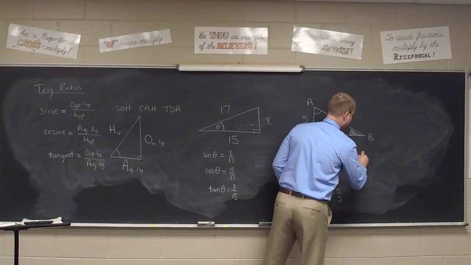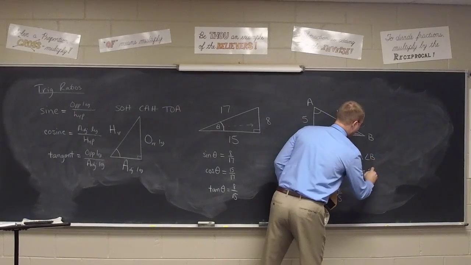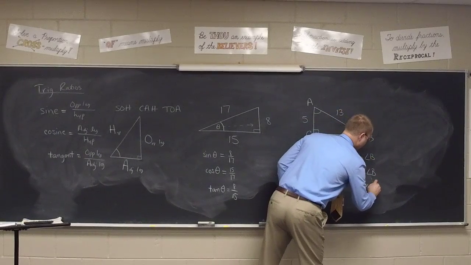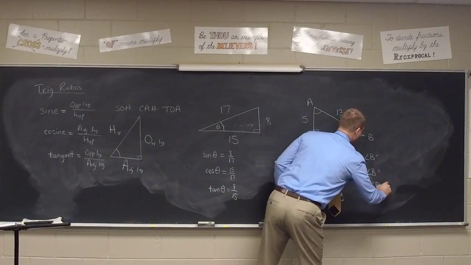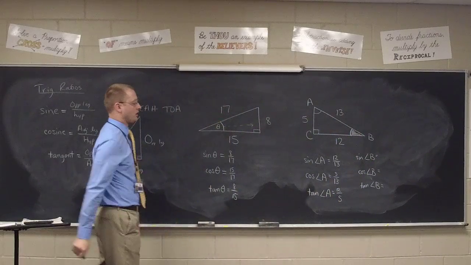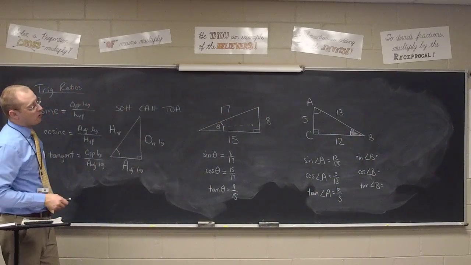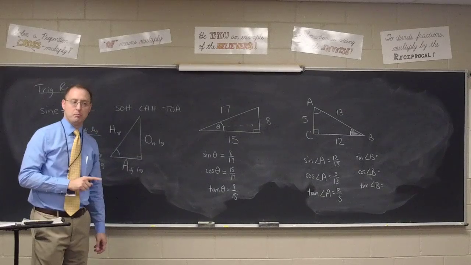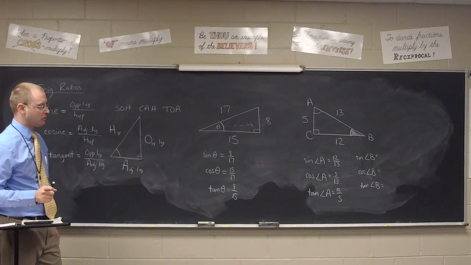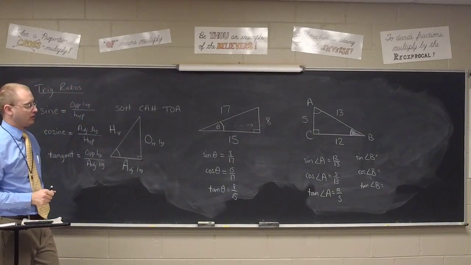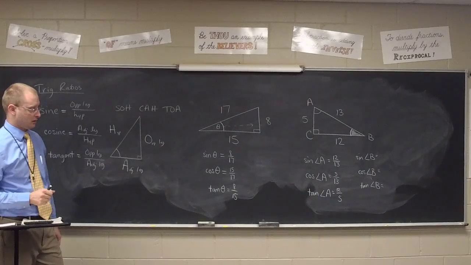Let's find the sine of angle B, the cosine of angle B, and the tangent of angle B. What is the sine of angle B, Ethan? So opposite over hypotenuse.